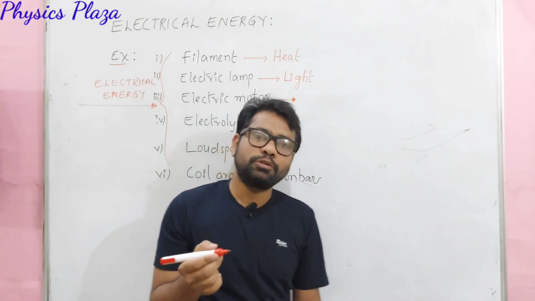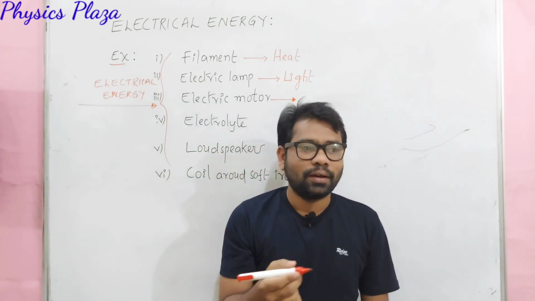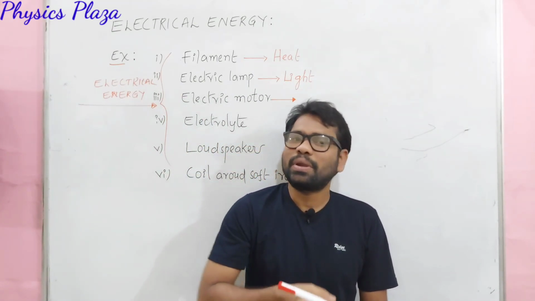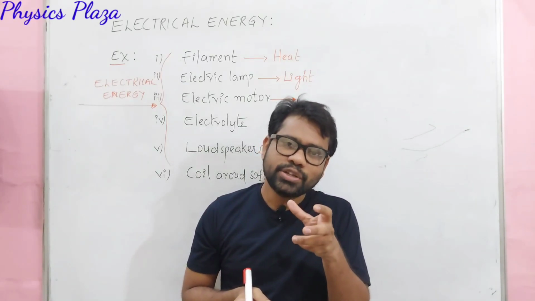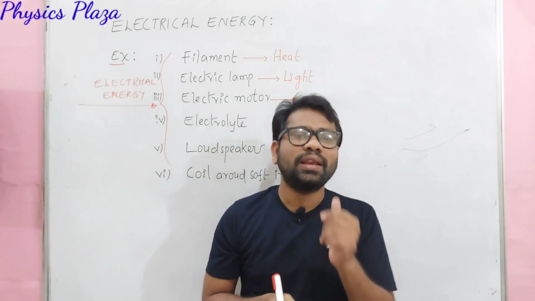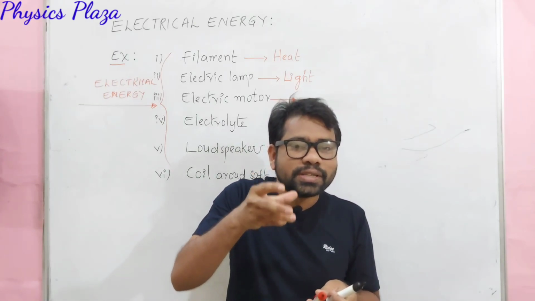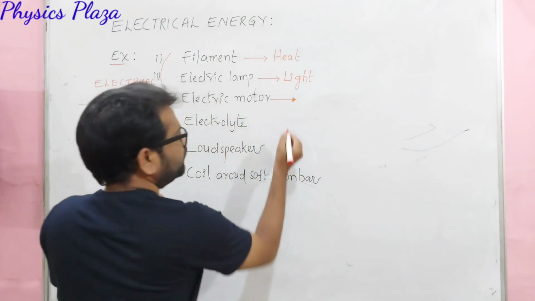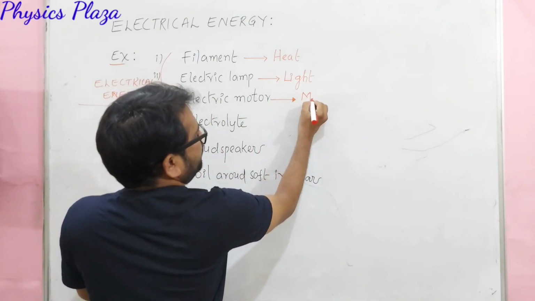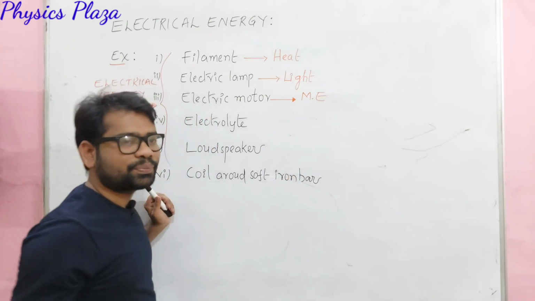We can use an electric motor in a fan, in a mixie, in a grinder, in many places. There, the electrical energy gets converted into mechanical energy. Why? Because the electric motor is able to do work, and that we call mechanical energy.